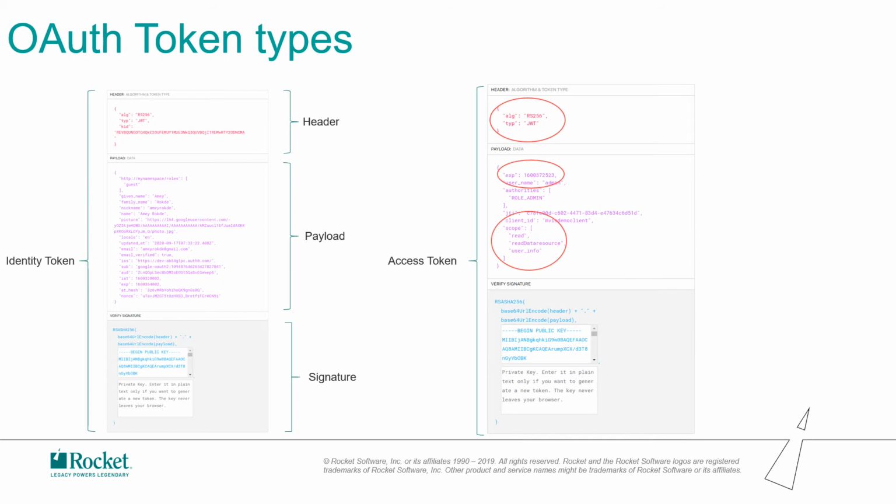So there is a time element to this token. And these are all standard to JWT and OAuth. Nothing here is very specific to MVIS.